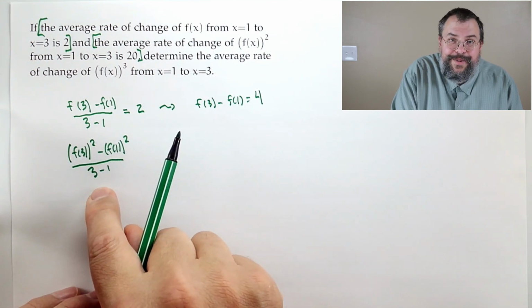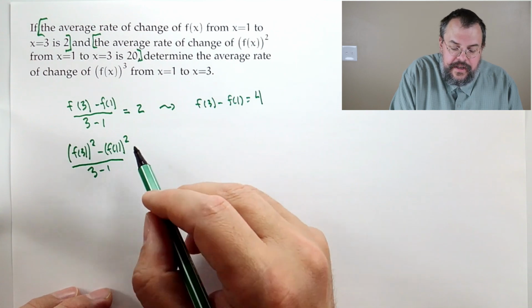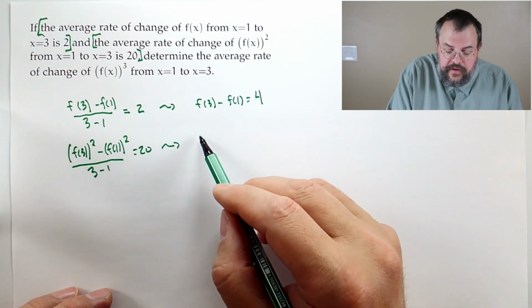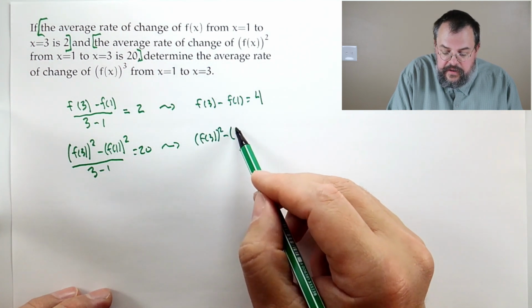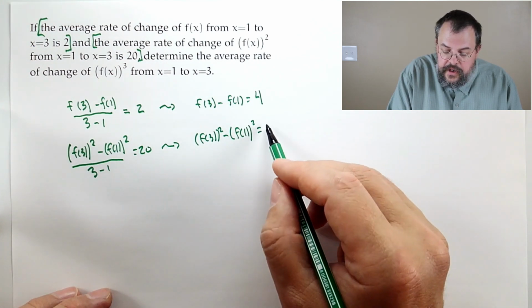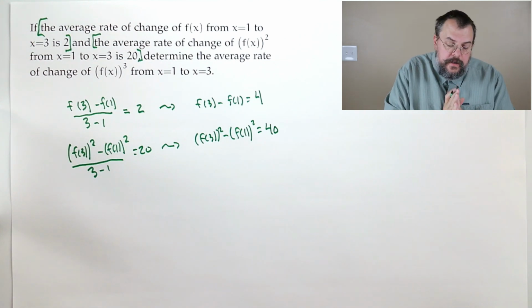It's not 3 squared minus 1 squared. No, it's just the x values. The x values are 3 and 1 equals 20. Again, we can say that this becomes f of 3 squared minus f of 1 squared equals 20 times 2 is 40. All right. Good.